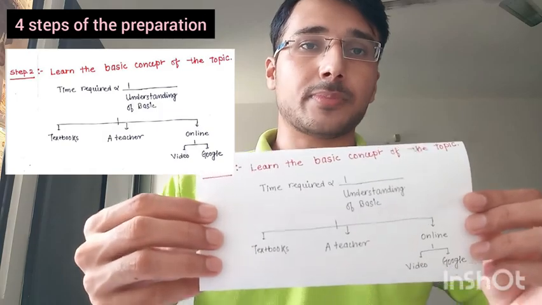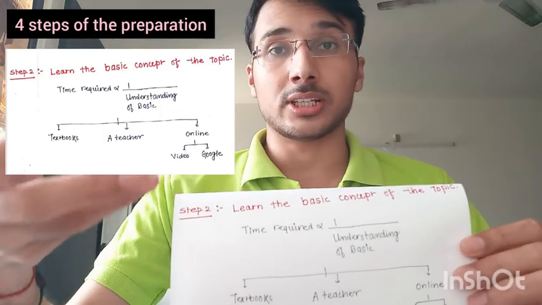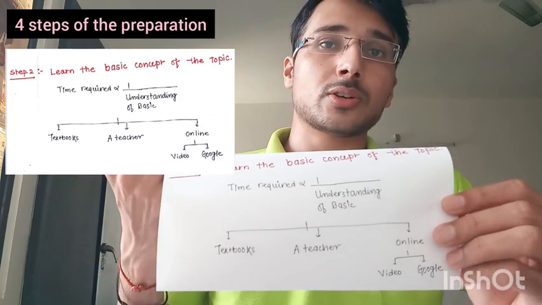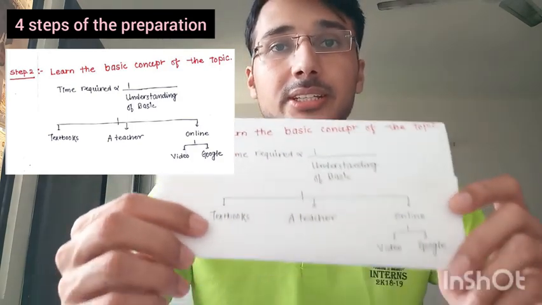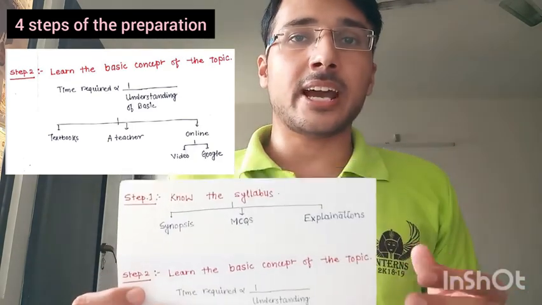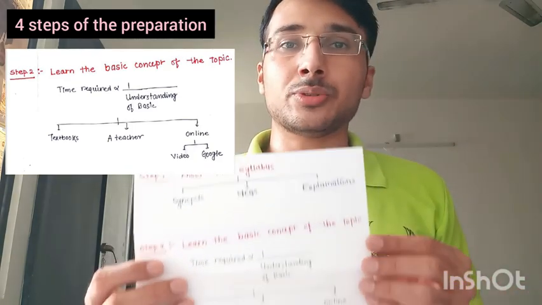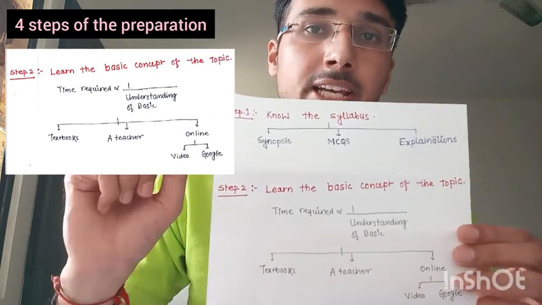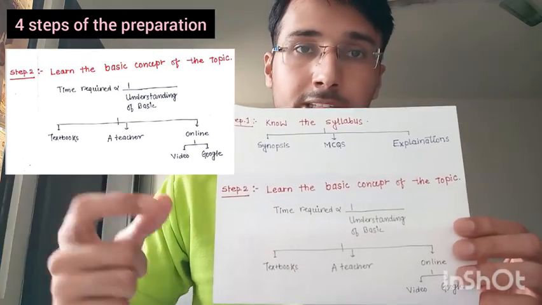If you don't know the concept, you will need to understand it, right? For that, you will need to read the theory, and this will be done with a textbook. Basically, after the explanation, if you think that you don't know the concept, you go for the second step and read that particular topic from the reference book.